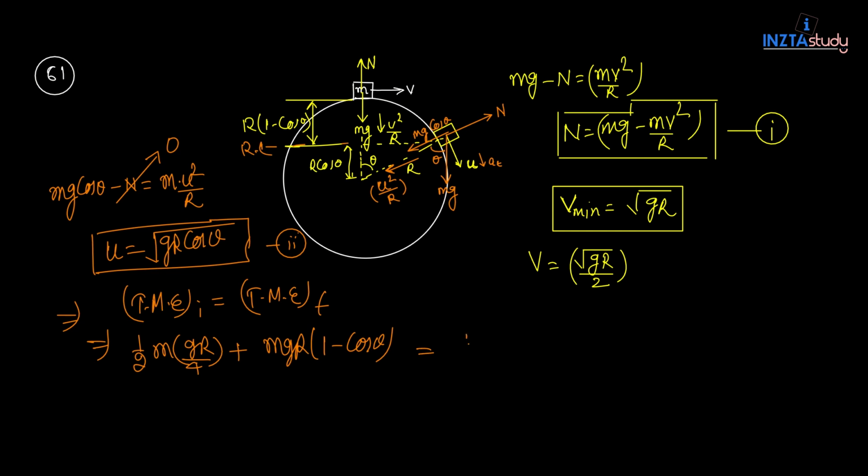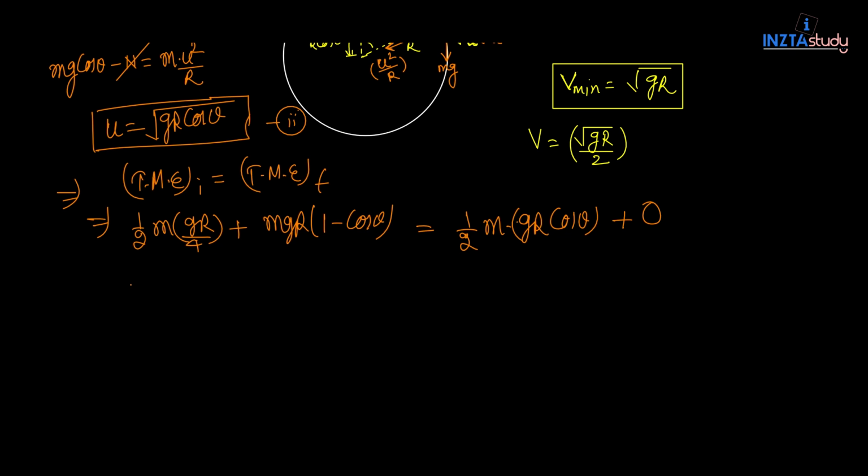Now final kinetic energy is half m u square, where u is root under gr cos theta, so u square is gr cos theta, plus potential energy is becoming 0. Why? Because this block is coming to the reference level, so it is 0.